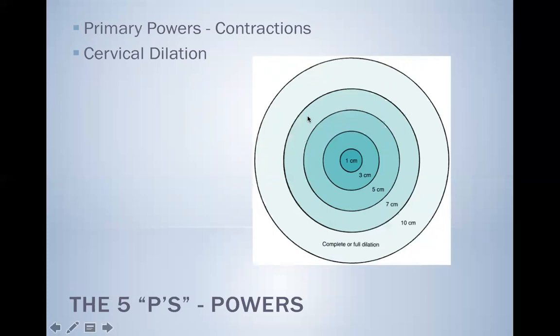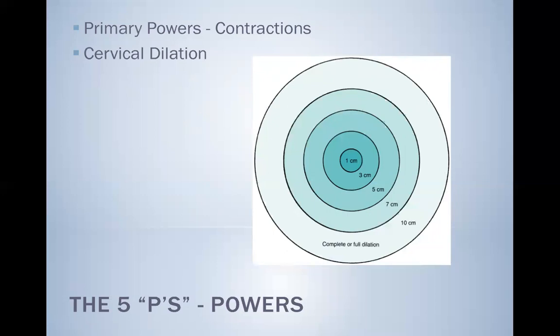And what we want is for our powers, which is our contractions, to be strong enough to pull that cervix all the way away and to thin it out and make it go completely away. As I have said before, although we call somebody 10 centimeters, what we're really looking for is the absence of cervix.